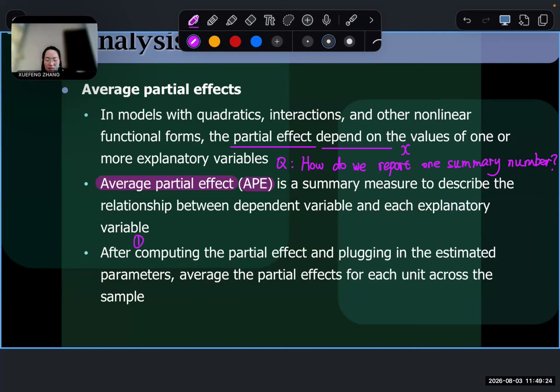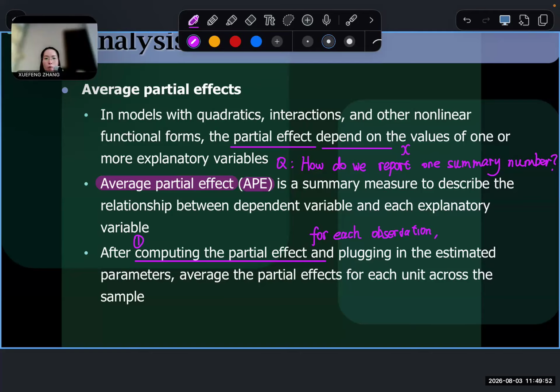The first step, compute. We compute the partial effect for each observation in the sample, and then we use their own actual x values.